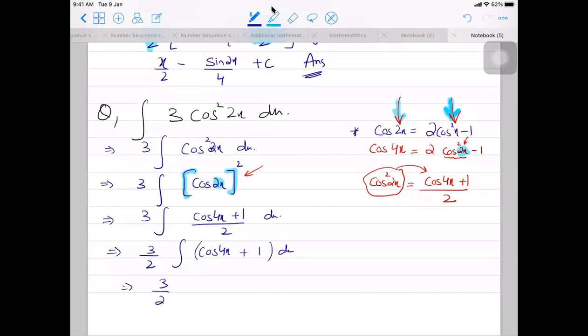Integration of cos 4x is going to be sine 4x upon 4, plus integration of 1 is going to be x, plus c. So as a final step, I'm going to get 3 upon 8 sine 4x plus 3 upon 2 x plus c.